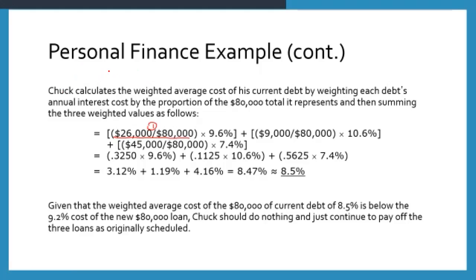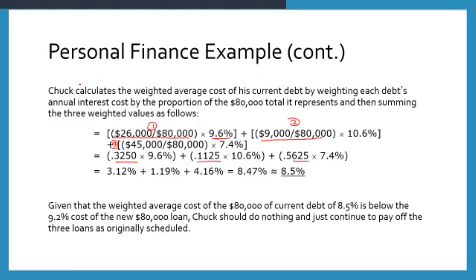The second debt is 9,000 over 80,000. When we work out that, we get this. When we work out the third loan, we get this.